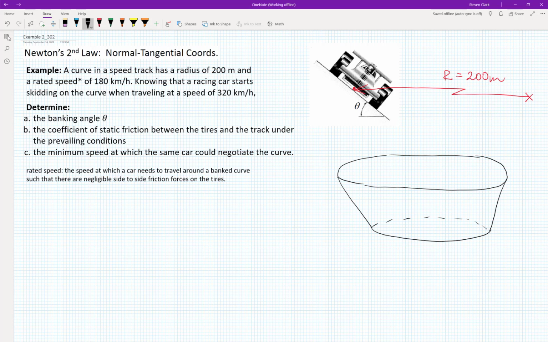Okay, so this is our racing track, and our car actually follows this trajectory. So this is our trajectory, and this is the theta angle.